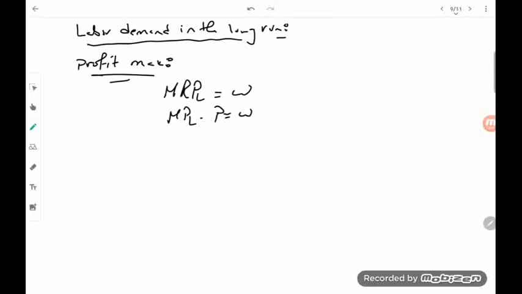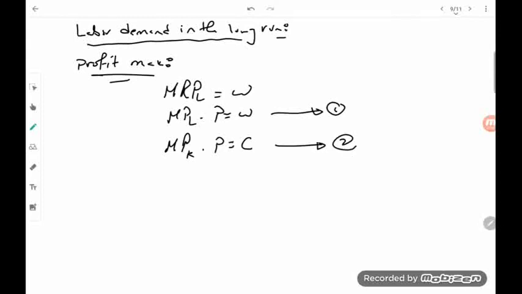But in case of long run, all factors of production are going to be varied. So this is number one. And with respect to capital, it's going to be the same. Marginal productivity of capital multiplied by the price is equivalent to return or cost of capital. And this is number two.